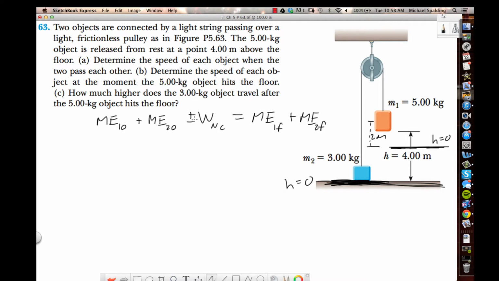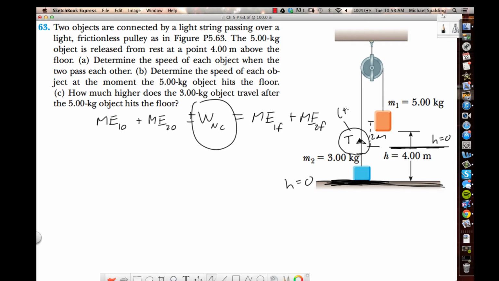Okay, work non-conservative. When you first look at this problem, you might think, oh, we have a non-conservative force, which is true, right? What's the non-conservative force here? Tension. Tension is doing work. So for M2, for this blue guy, is tension doing work in the direction of motion or against?